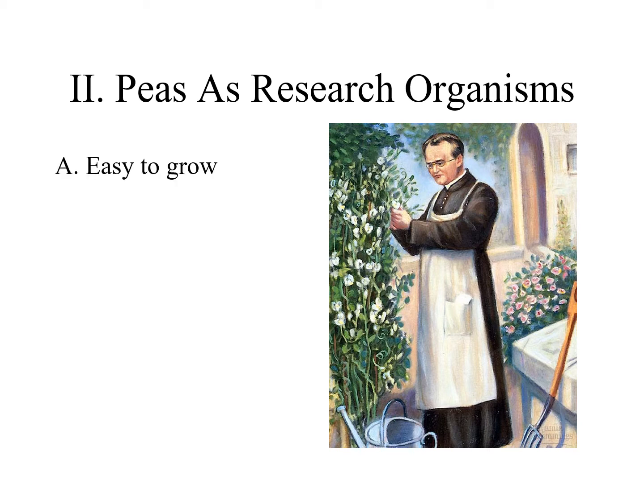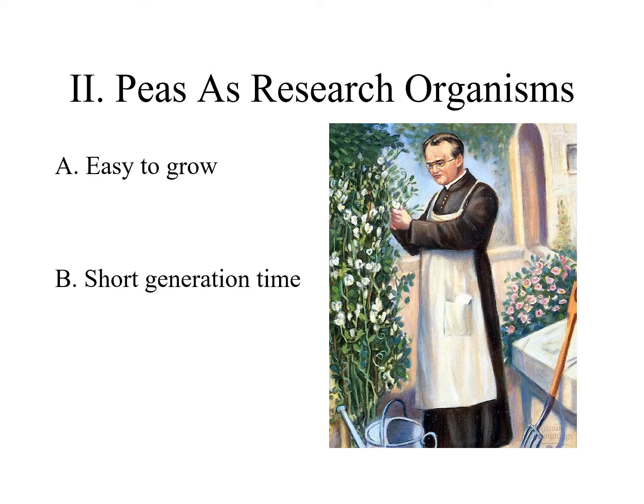First of all, they're easy to grow. Mendel grew peas in a small walled garden on the grounds of the monastery. Peas grow up, they like to climb, they have tendrils. So because they grow vertical, you can fit lots of them in a relatively small space. Once they germinate, they do pretty well.